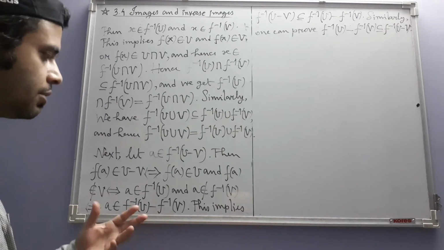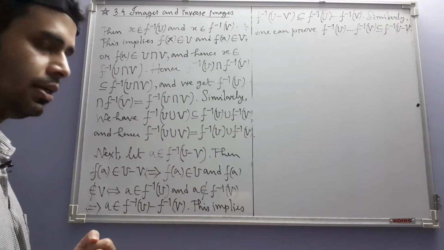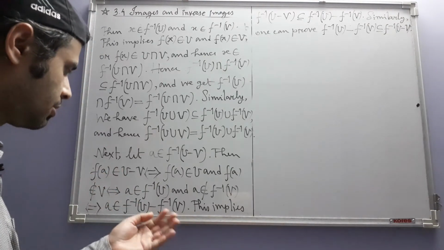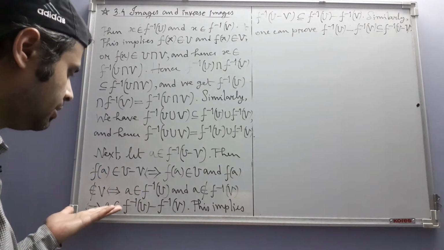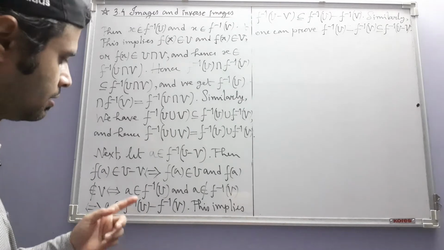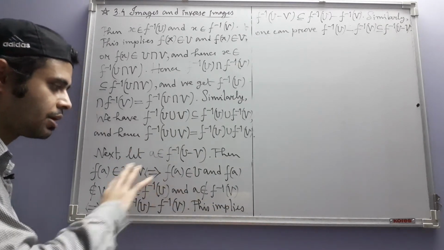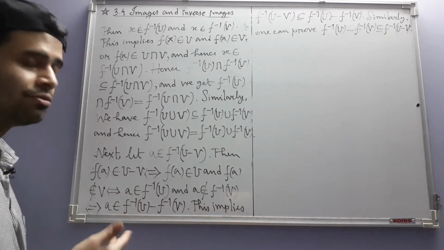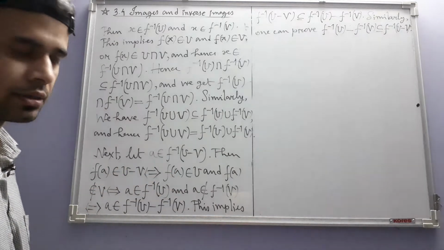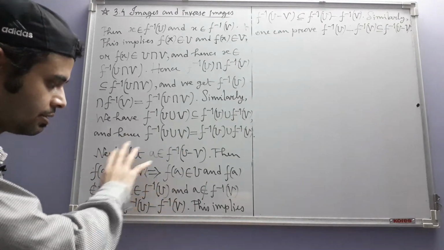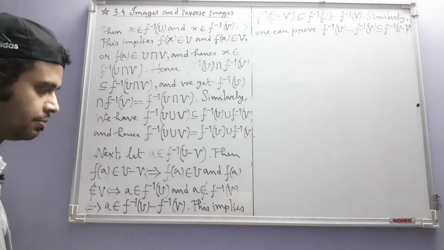So this is a very compact way of proving that two sets are equal, but keep in mind it's possible in this case because everything is so easy for inverse images. Sometimes the forward argument and the backward argument will be different, will not be this straightforward. Then you cannot use these double implications and write things in such a compact and nice manner.